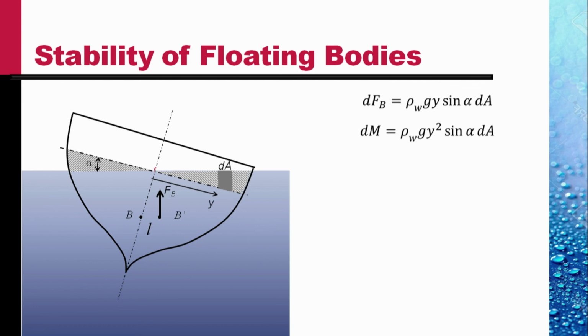This distance is y, so this is y sine alpha, times dA, which is the volume of the darker gray area. So this is the additional buoyancy. And the moment it creates about the point O, this point O, is found by multiplying this buoyancy force by y. So dM is rho w g y squared sine alpha dA.